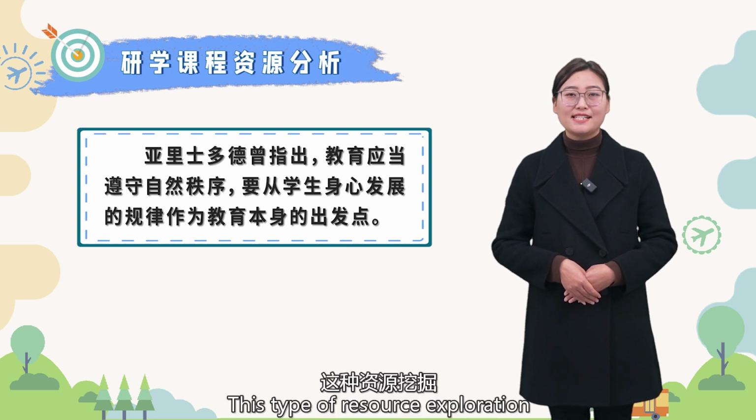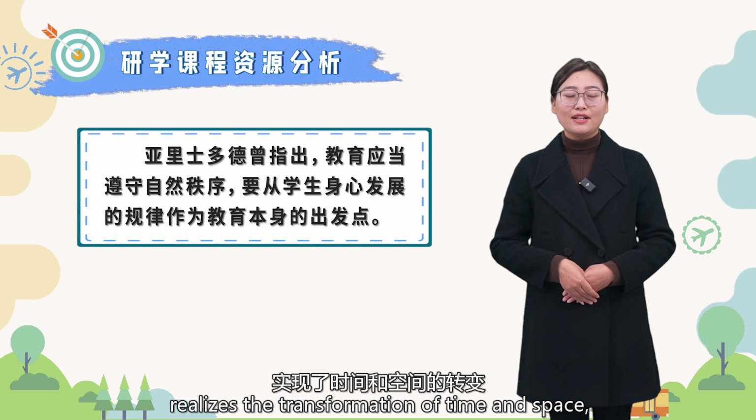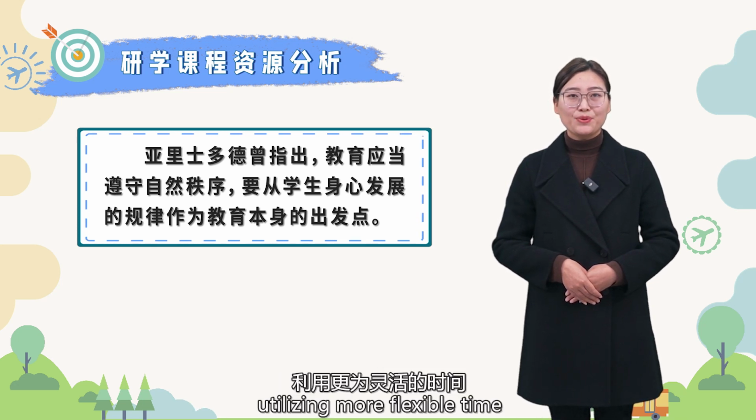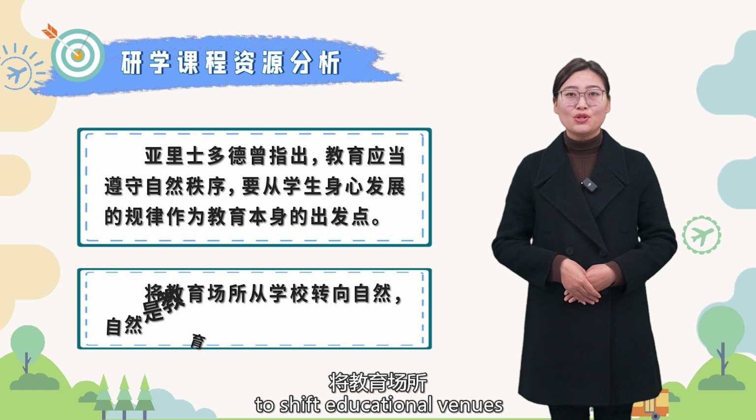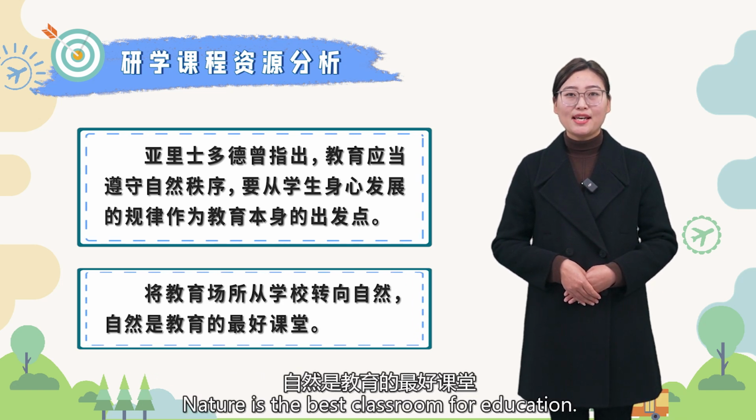This type of resource exploration realizes the transformation of time and space, utilizing more flexible time to shift educational venues from schools to nature. Nature is the best classroom for education.